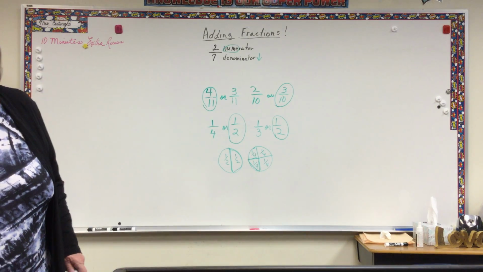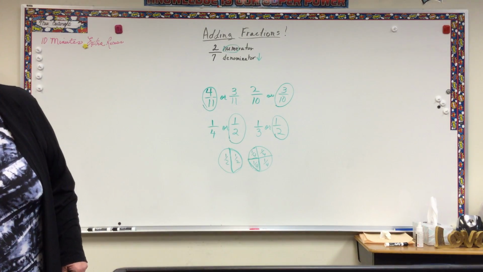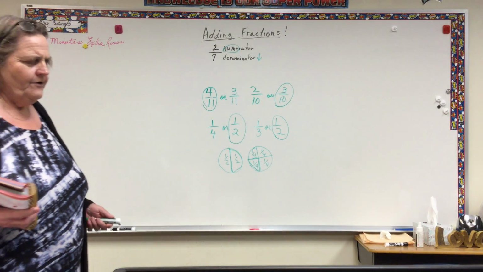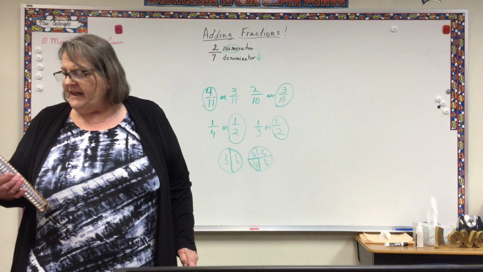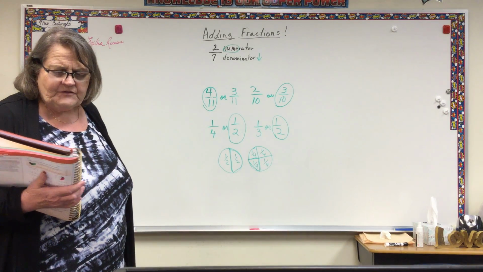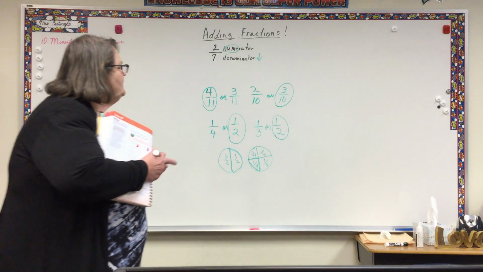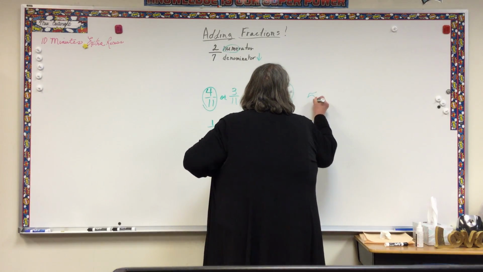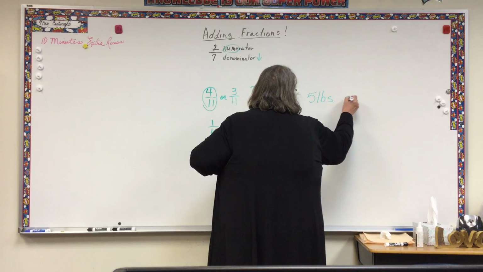The next thing we're going to do is word problems. Now remember, we have to show our work in the square, but you have to read it first. Sophia's family buys 5 pounds of apples per week. So she's buying 5 pounds of apples, and the clue word there is per.